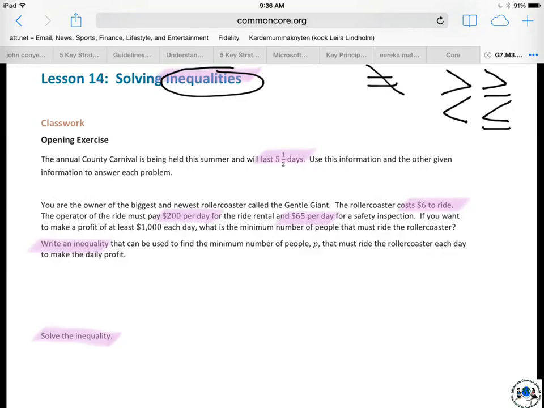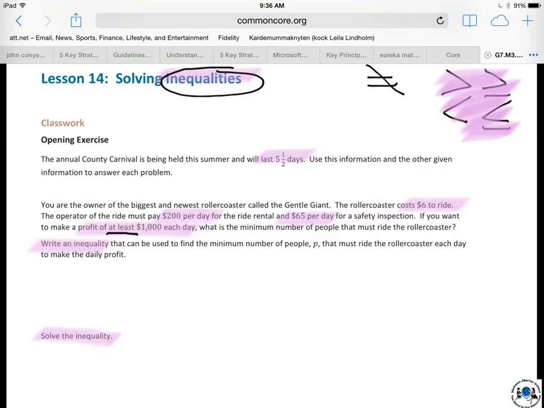If you want to make a profit of at least $1,000 a day, and notice this term "at least", it's not very specific. It's not saying a profit of exactly $1,000 each day, it's saying at least. That is a clue that this is an inequality. We'll be using one of those signs.